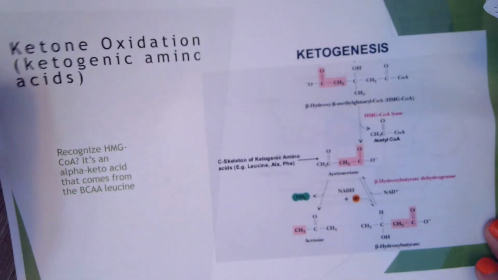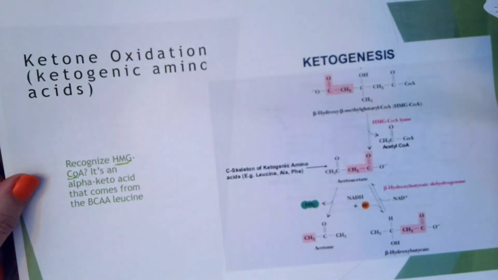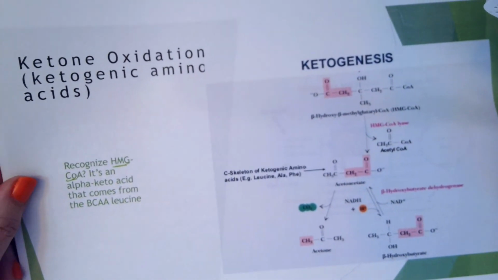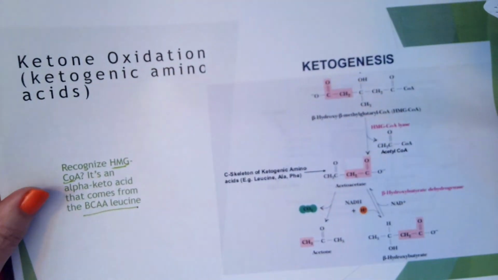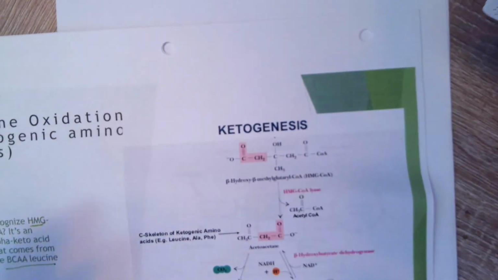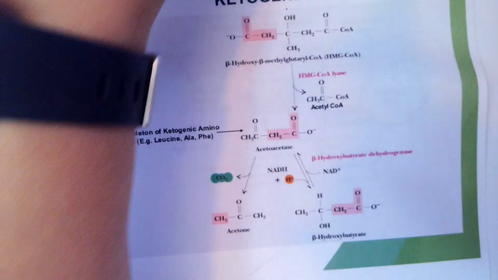Okay, so looking again at our HMG-CoA, that's an alpha-keto acid like we just saw. We know that it comes from leucine, which is a branched chain amino acid. So how are we going to make that?